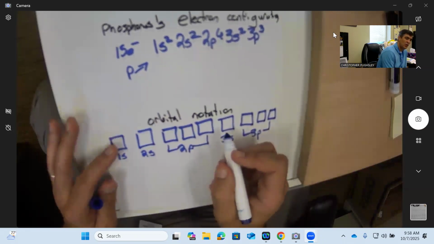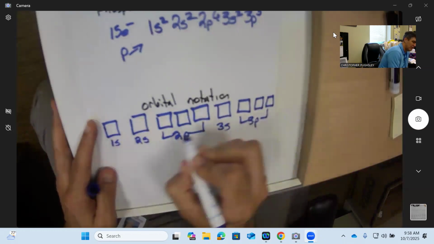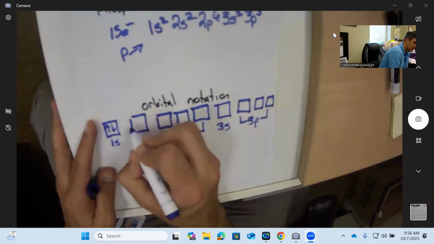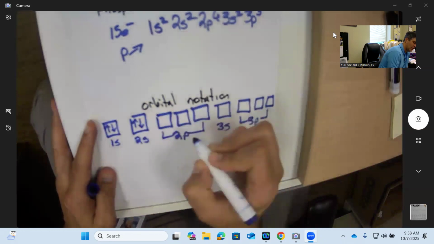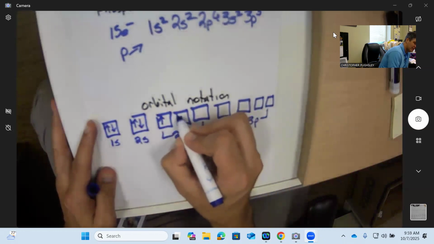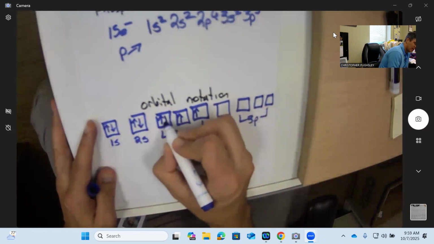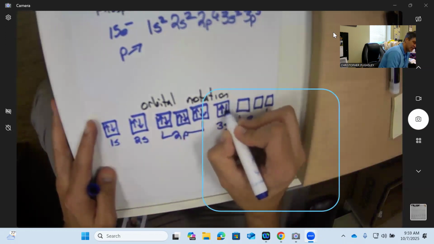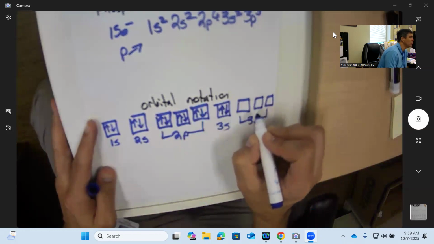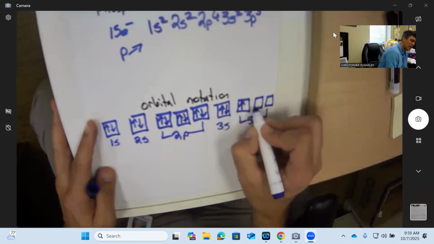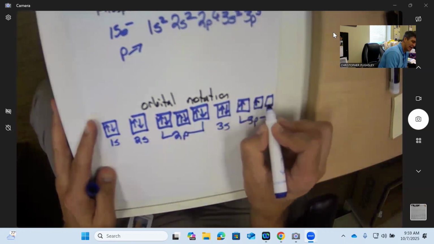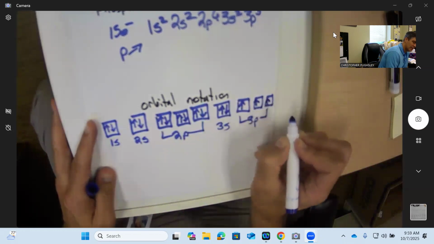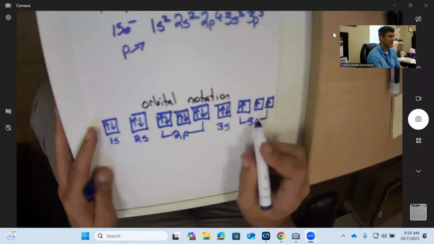We're going to fill up the orbitals. We have 15 electrons: 1, 2, 3, 4, 5, 6, 7, 8, 9, 10, 11, 12. On the last ones, they're all going to be pointing up, or they could all be pointing down. It doesn't matter, but all in separate orbitals.